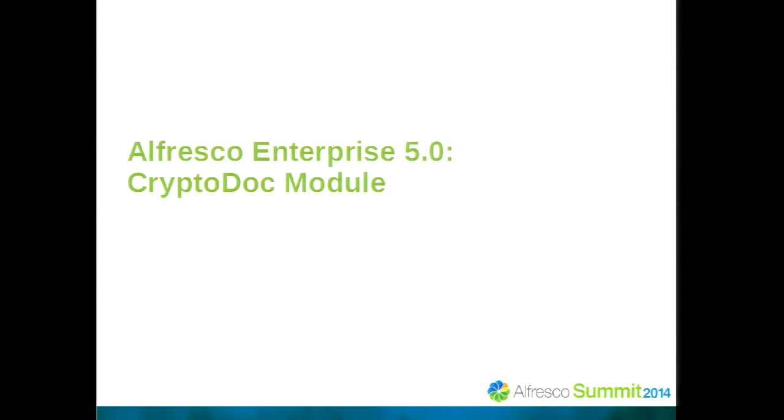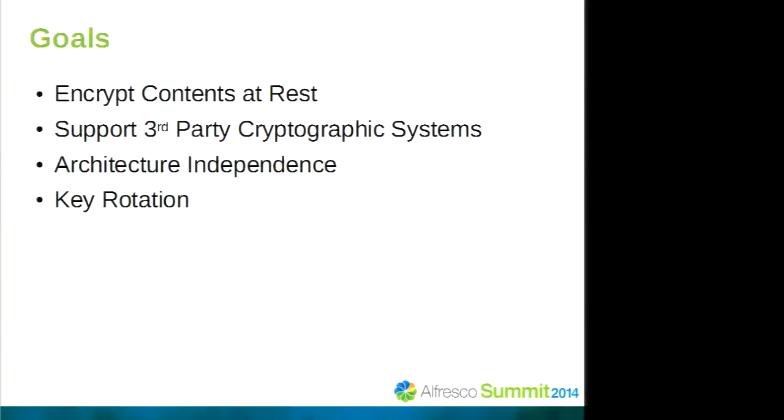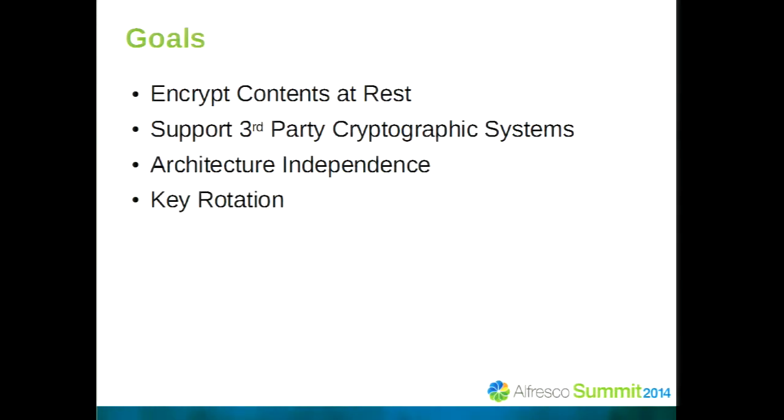So in Alfresco 5, we have the CryptoDoc module. The goal behind it is to encrypt contents at rest. That's your main thing. We wanted to be able to support third-party cryptographic systems. Even if it's not JCE compliant, you could possibly write your own modules to hook into it.